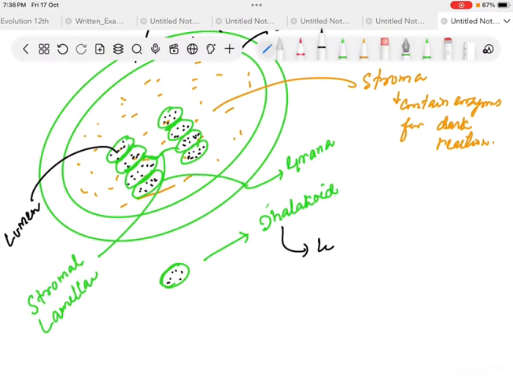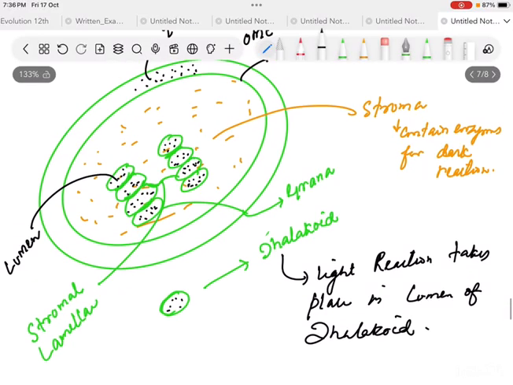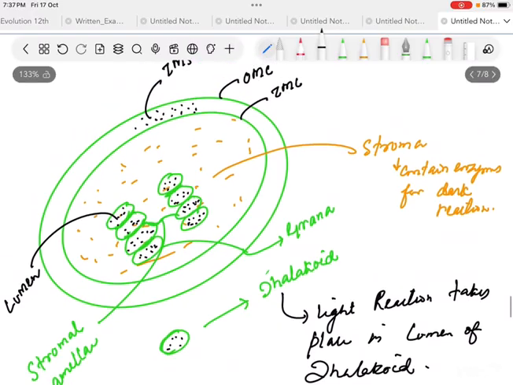Light reaction takes place in the lumen of thylakoid. Fine. So there is both temporal and spatial differentiation between the two reactions, that means light reaction and dark reaction. Light reaction takes place in the lumen of thylakoid, and dark reaction takes place in the stroma of chloroplast.